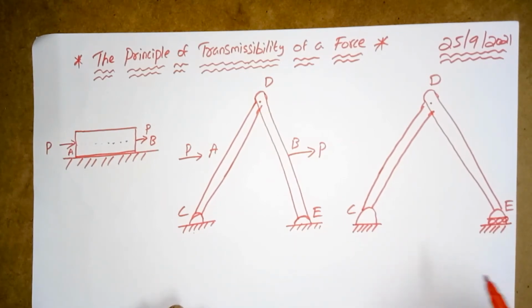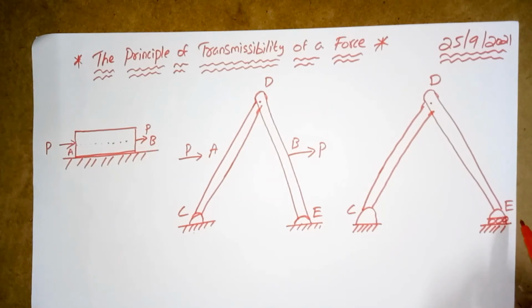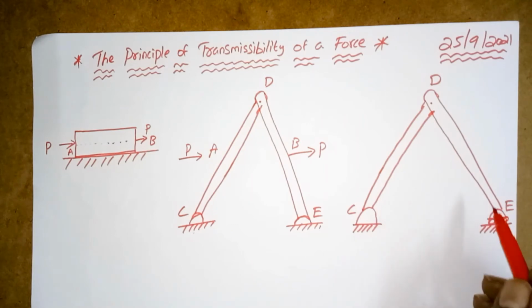Now we will see how things are changing. In the previous diagram, the two points C and E were fixed, but here E is replaced with this roller. If the hinge support at E is replaced by a roller support and another bar CE is added, we can show the connectivity.